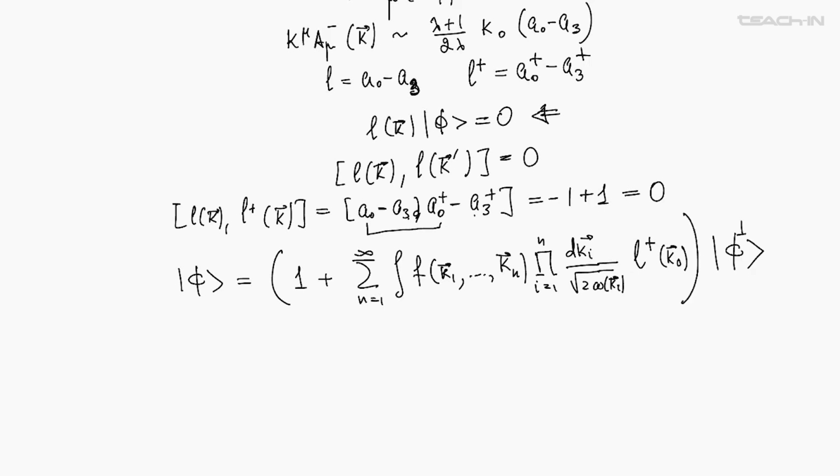So this part is a state which contains only transverse photons generated by A1 dagger, A2 dagger.